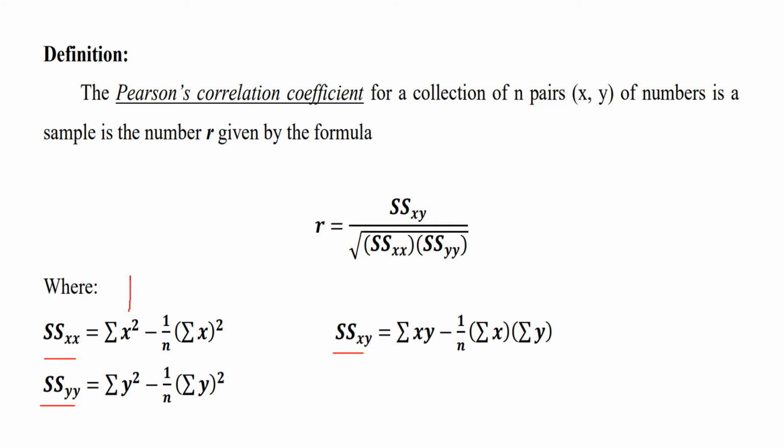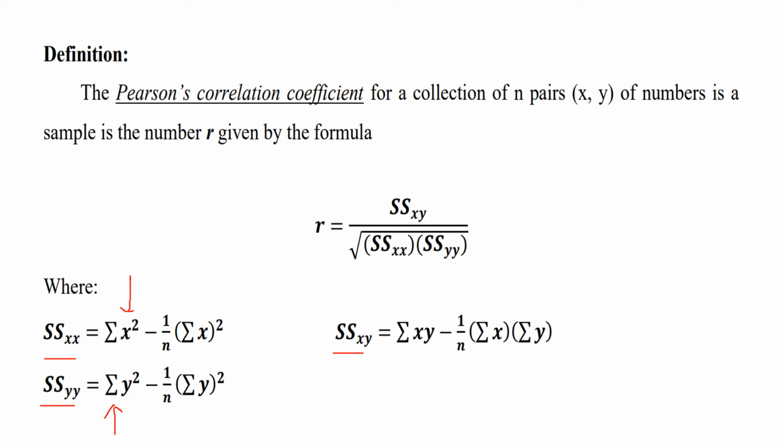In this formula, you need to get the summation of x squared. So for each value of x, we need to take the square of these values, then we get the value of the summation of x squared. Then for the summation of y squared, we take the square of each of the y values that we have in the table, and we get the summation of y squared.